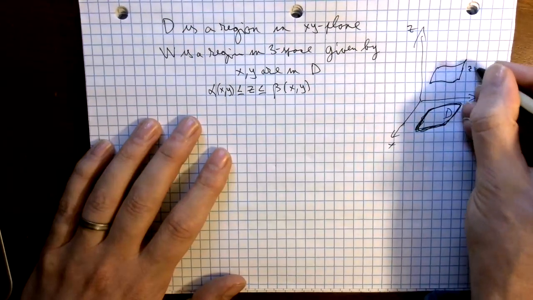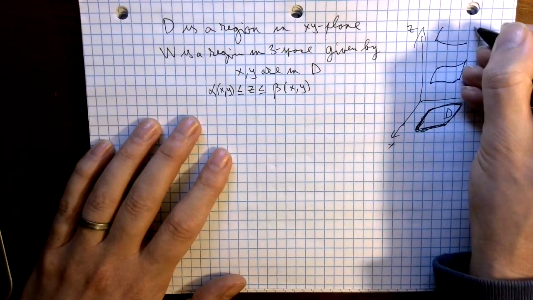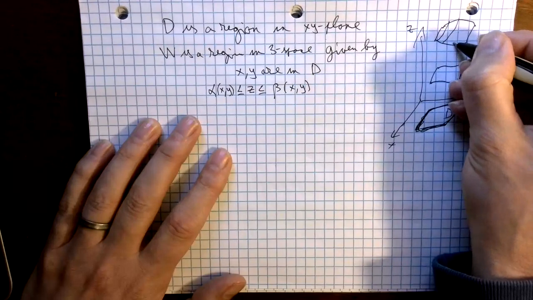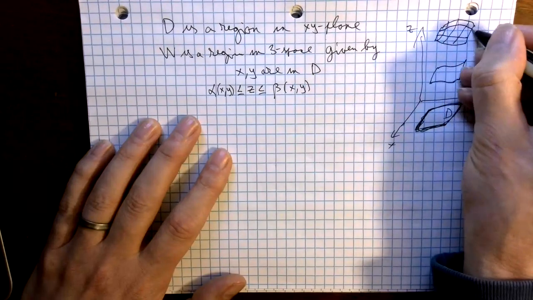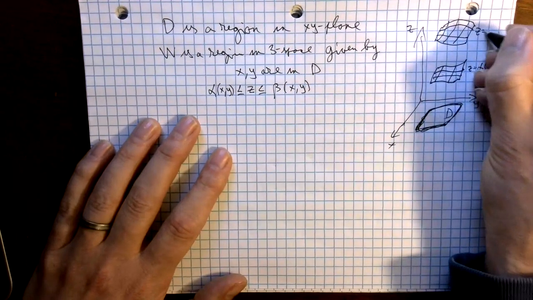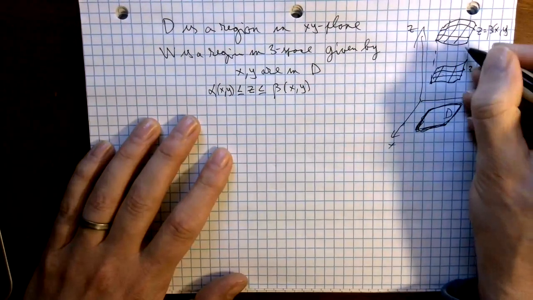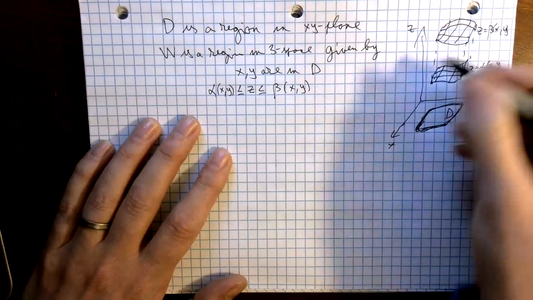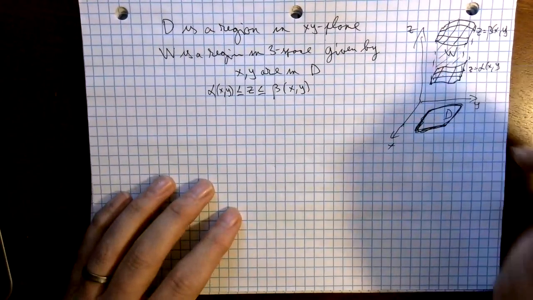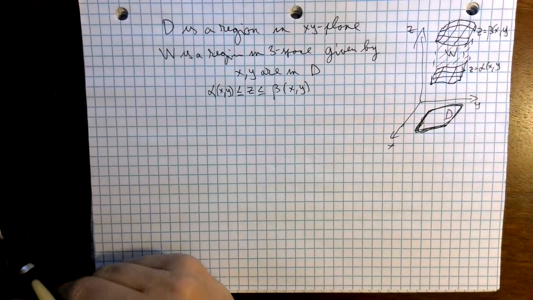We have Z is alpha x y, and here is Z is beta x y, right? And now the region is all the points in between, all these guys between these two graphs, that's W, right?